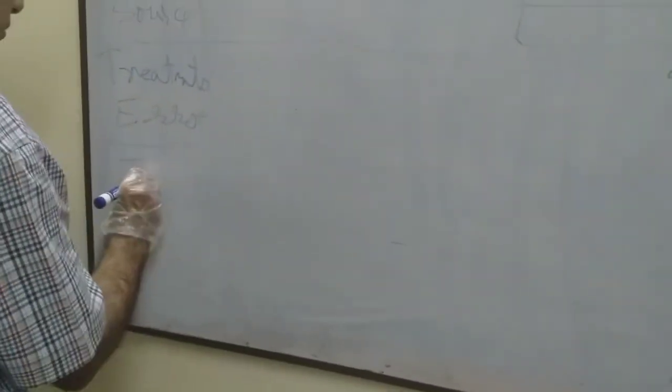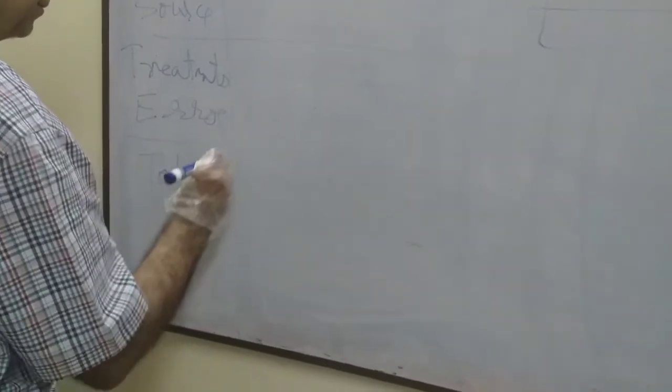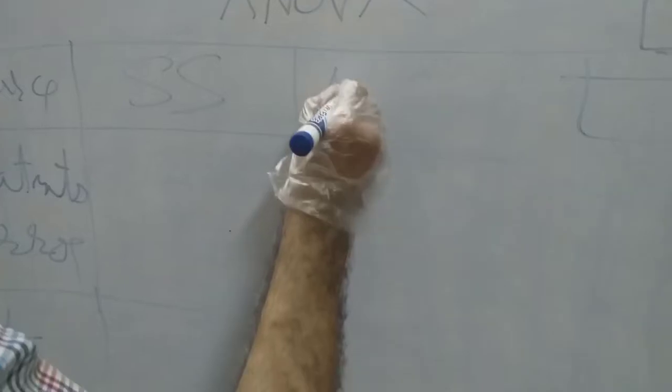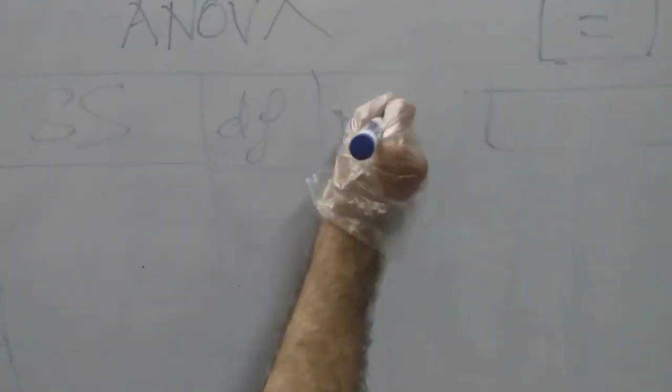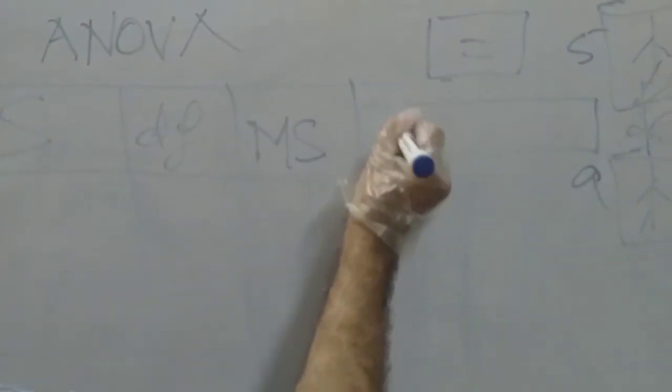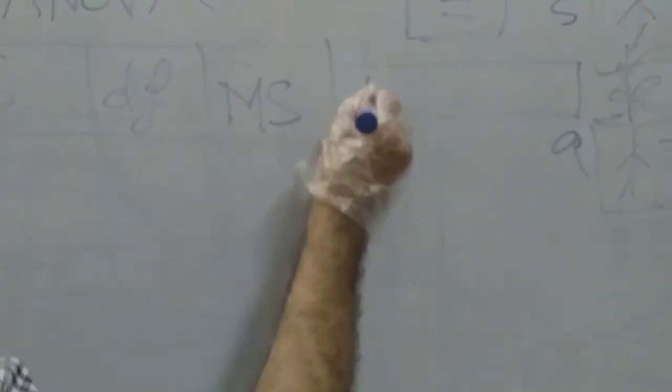And this is the total variance. Total. So in this case, sum of squares SS, degrees of freedom df, then ms, mean square, and then finally the F ratio, which is most important. F is most important.